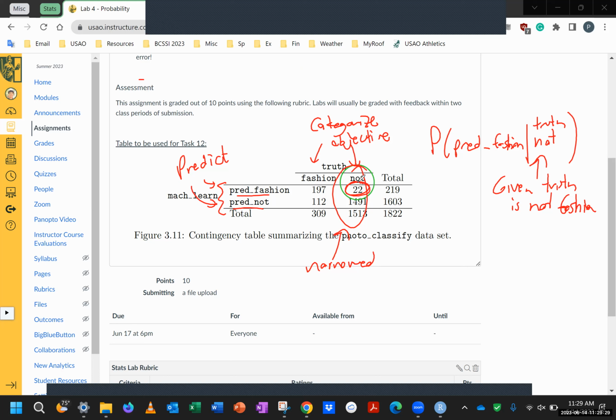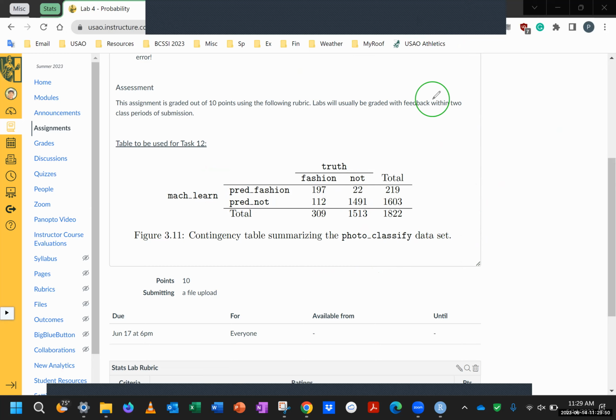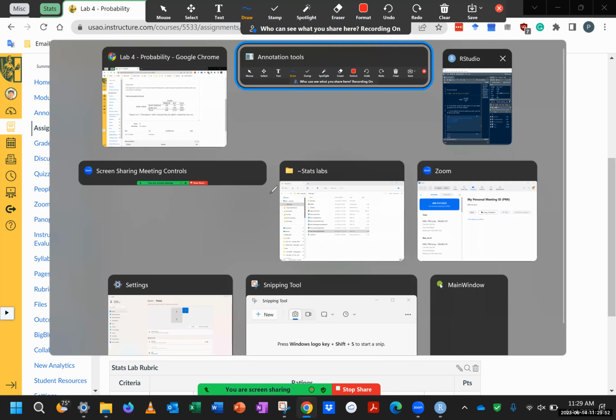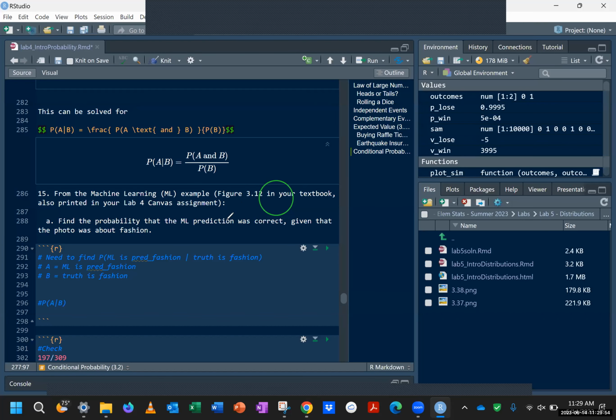So given that the truth is not fashion, the probability of predicting fashion is 22 out of 1,513. So that's the kind of thing we could answer. So let's go through some questions in the lab that do this, and we actually will then check whether or not our formulas work. Okay, so back to the lab. We're going to find this.